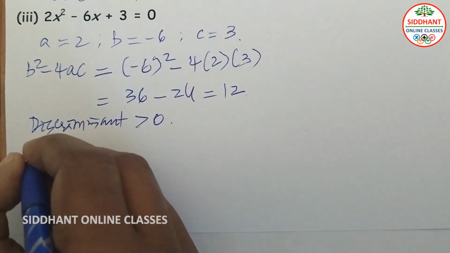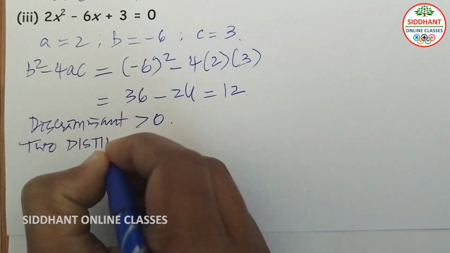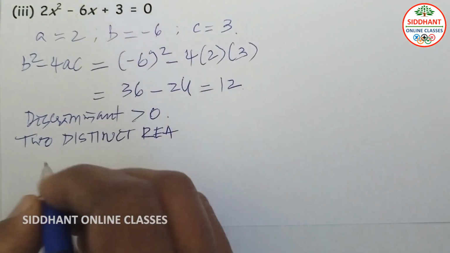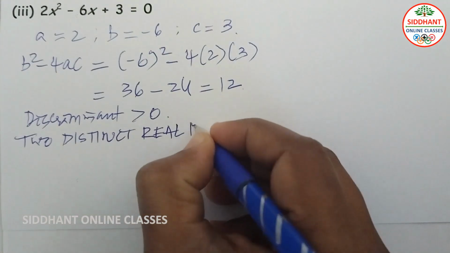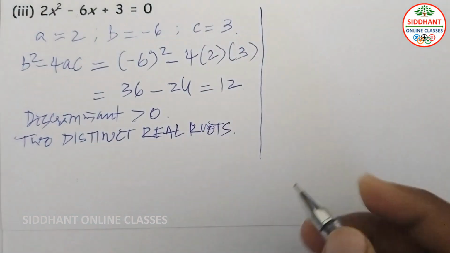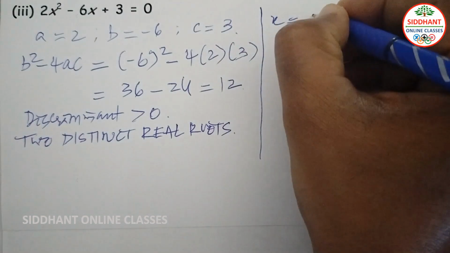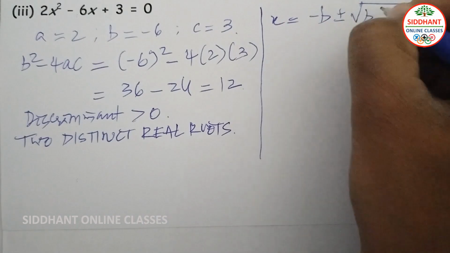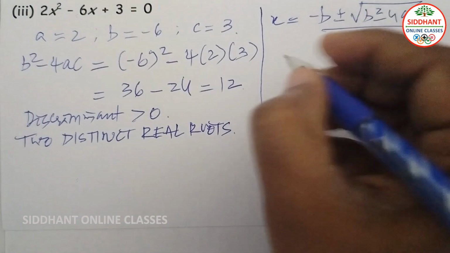So two distinct real roots are possible. So here we are going to find the two distinct real roots, that means −b ± √(b² − 4ac) by 2a.